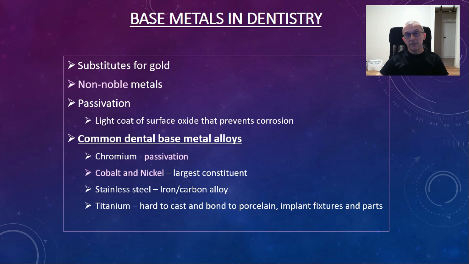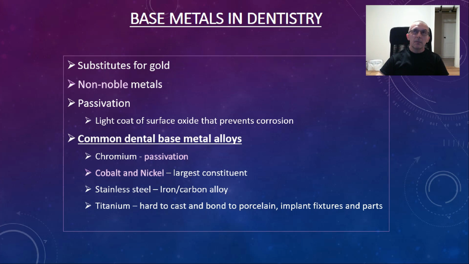It's an extremely difficult process that requires expensive equipment, thus very, very few labs could afford to have casting machines for this metal. So mostly titanium these days is milled, and they don't mill porcelain fused to metal frameworks because, like I said, it's very difficult for ceramics to bond to it.